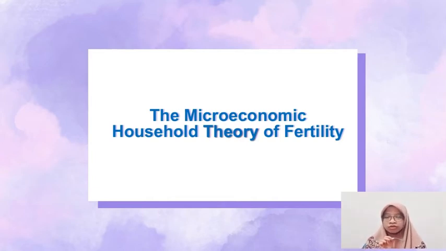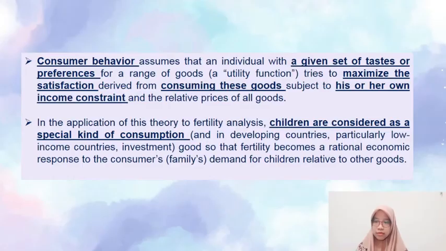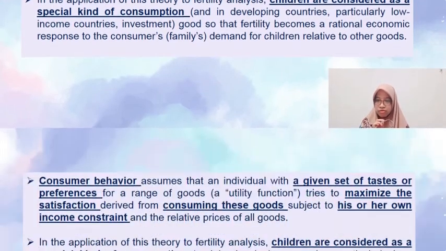Today I'm going to talk about the microeconomic household theory of fertility. Consumer behavior assumes that an individual with a given set of tastes or preferences for the range of goods tries to maximize the satisfaction derived from consuming these goods, subject to his or her own income constraint and the relative price of all goods.